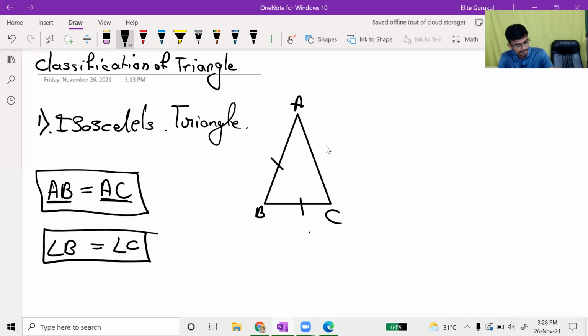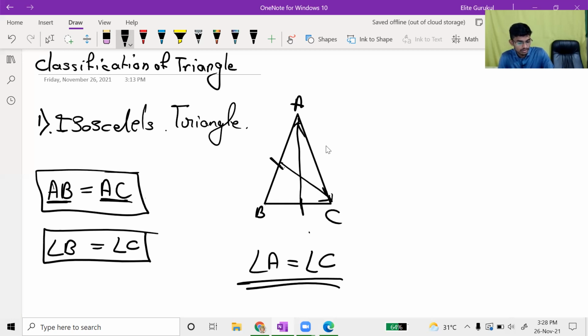B and A? Wrong, beta. If this and this are equal, what is the opposite angle of BC? Angle A, right? And the other is angle C. Opposite to this means here, and opposite to this means here. Understood? So these two will also be equal to each other.